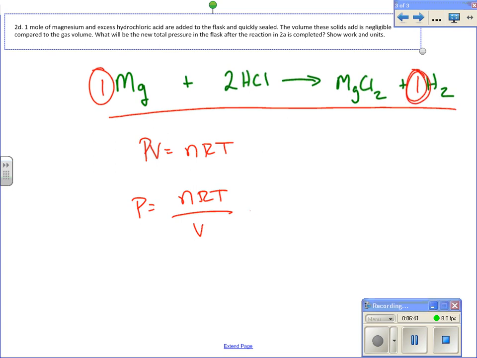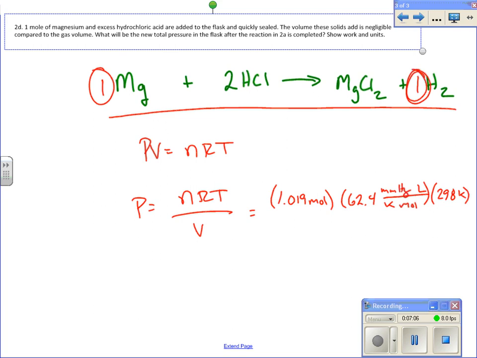So that means at the end, we're going to have 1.019 moles of gas. We're going to use the same value that we just used for R, 62.4 millimeters mercury liters per Kelvin mole. T is 298.